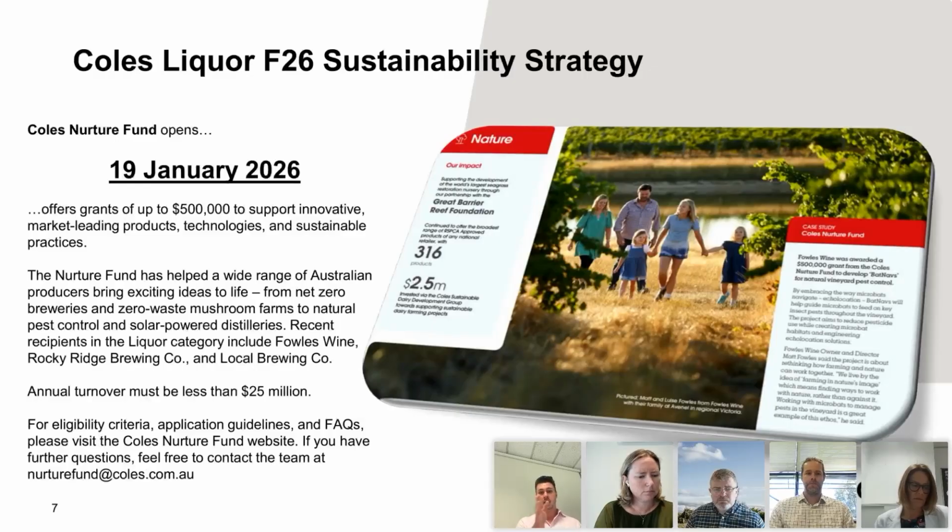Last year, we awarded $500,000 to Fowles Wine in Northern Victoria, specifically because they came to us with a great idea to use micro bats in the vineyard to act as a natural predator for pests in the vineyard. And we really liked that idea because it was quite novel and uses some novel technology, and I encourage those who haven't had a look at it to look at it. But really also it helps us meet our biodiversity commitments. And so we thought this was really true innovation in the wine category.